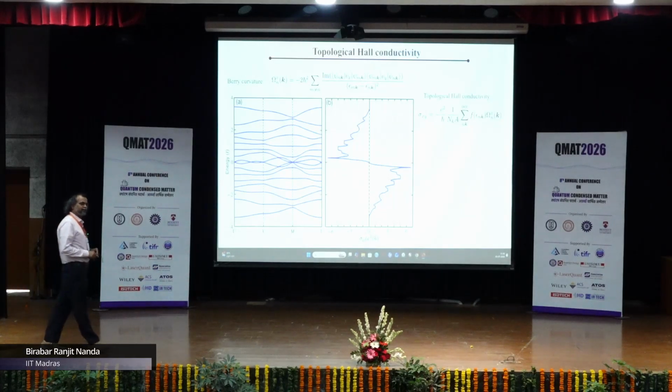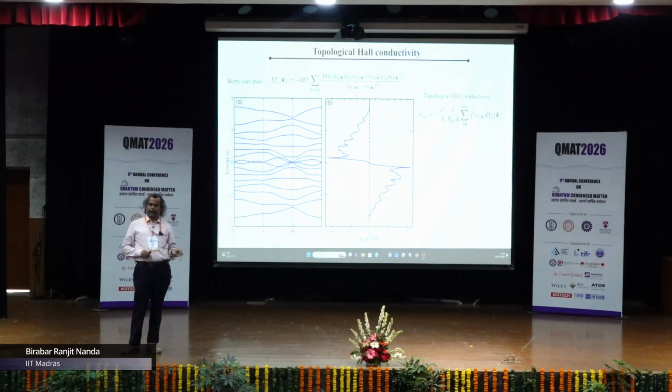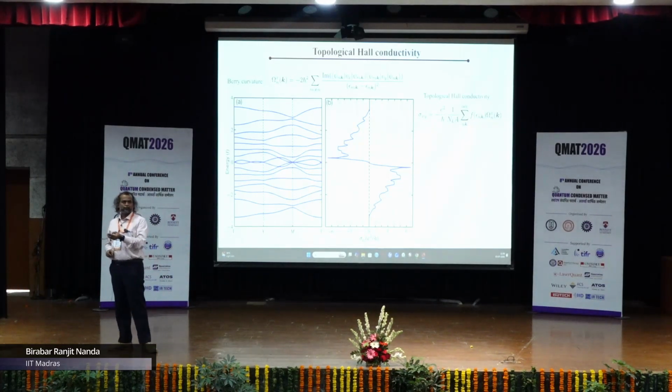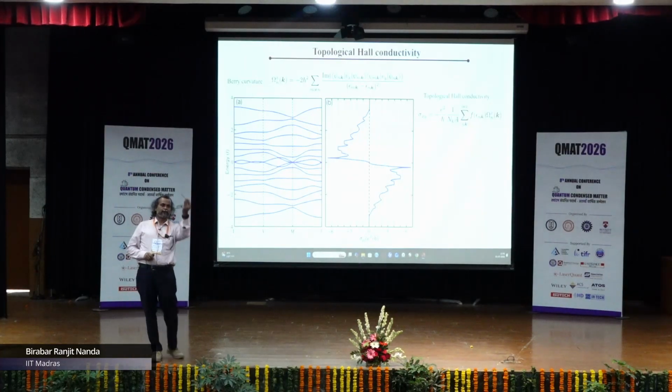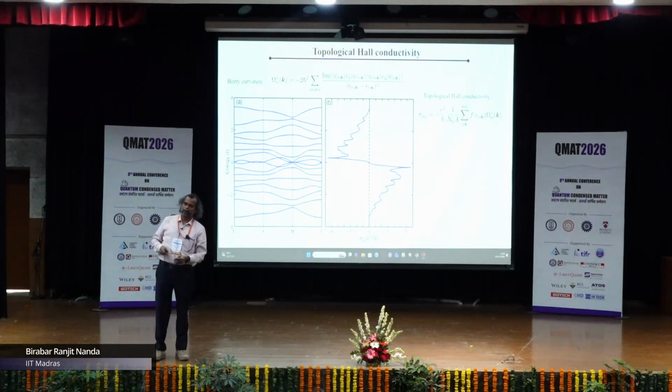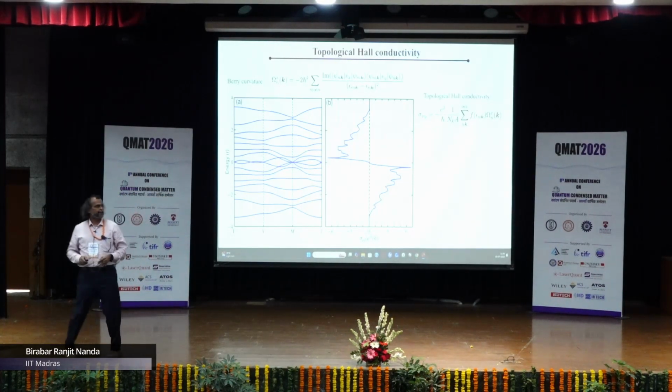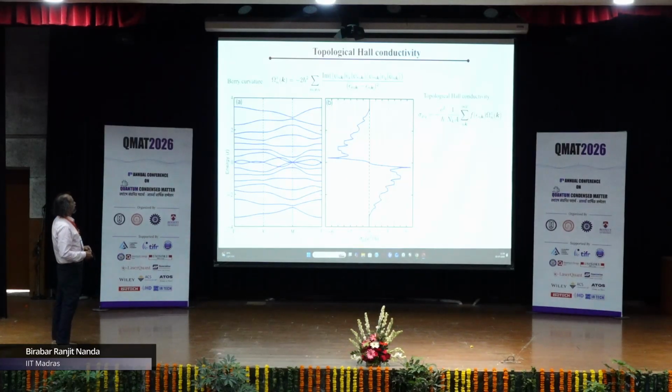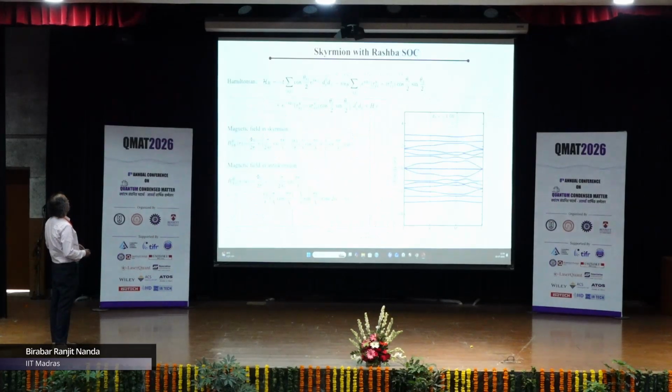Now, to tune the magnetic field, you need another external field. What works better than the Rashba field? You can apply a field normal to the skyrmion plane, and that can serve as a Rashba field, which I introduced by tweaking my Hamiltonian to some extent, adding a Rashba component to my already existing model Hamiltonian.